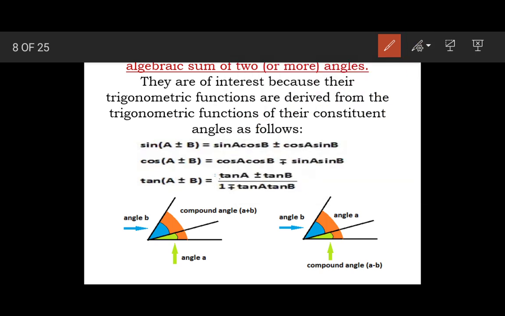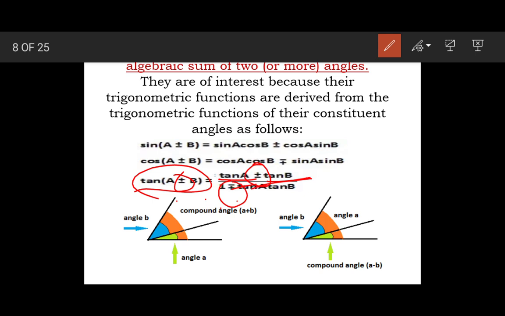Now let's see the tan A plus B and tan A minus B formulas. Tan A plus B will be tan A plus tan B, same sign, upon 1 minus. In the numerator it is plus, so the denominator will be minus, opposite of the numerator sign.